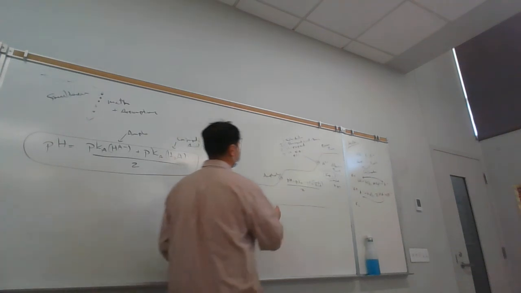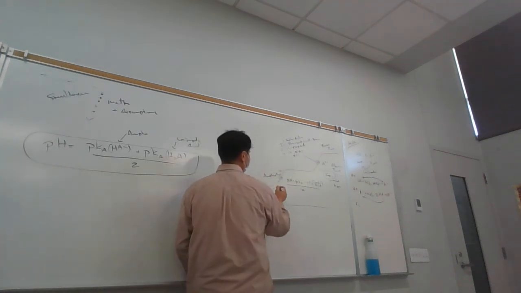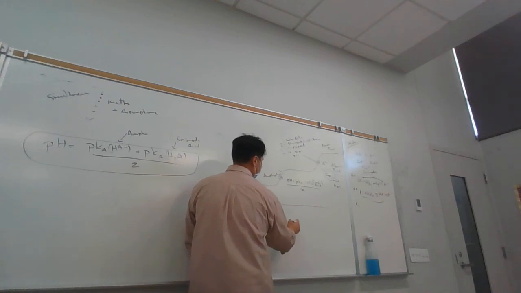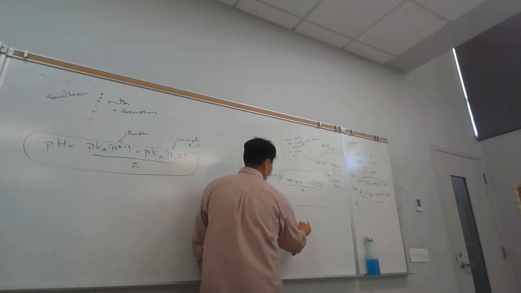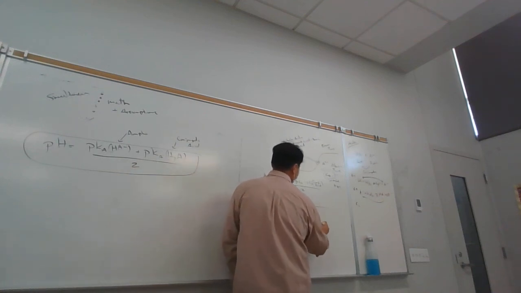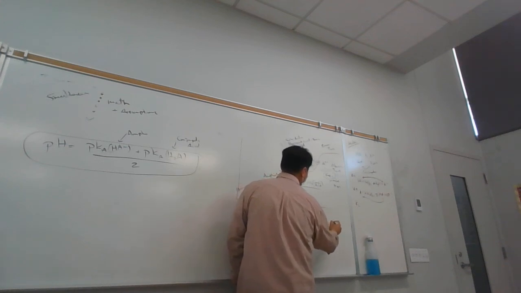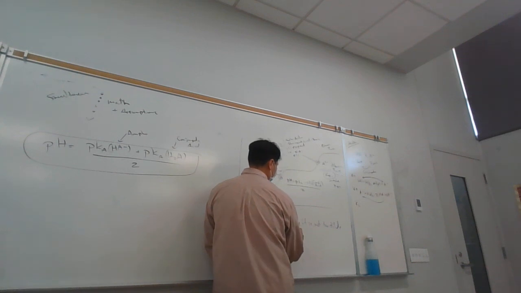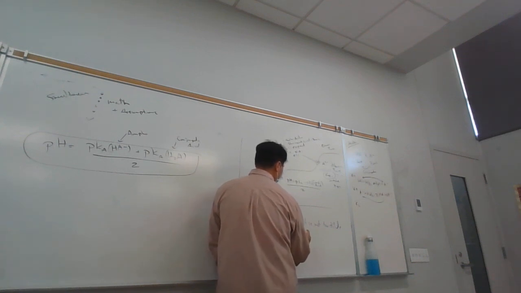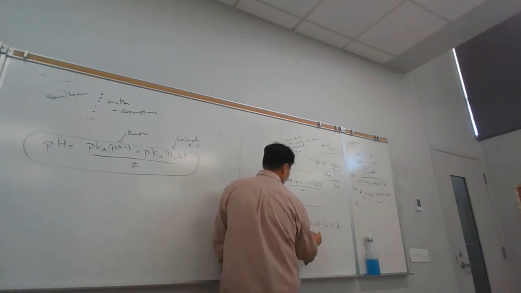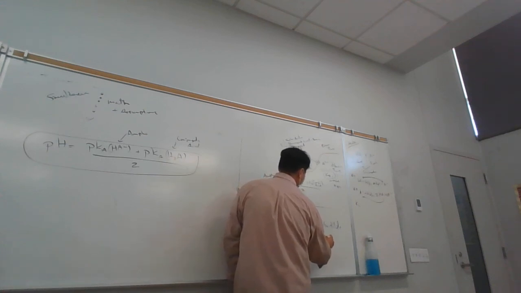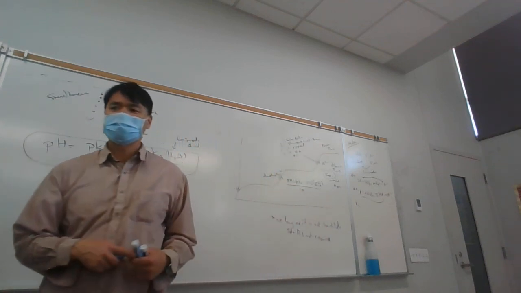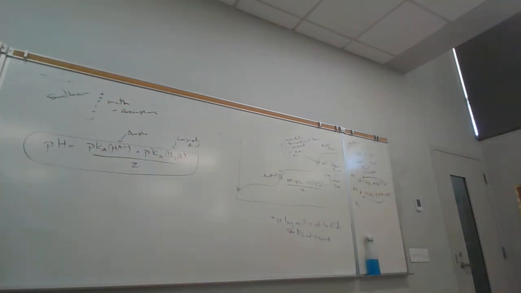For amphoteric, as long as this is concentrated enough, as long as it is not too dilute, solution dilution is not required. In other words, this is similar to the Henderson-Hasselbalch. With Henderson-Hasselbalch, we just need a ratio.